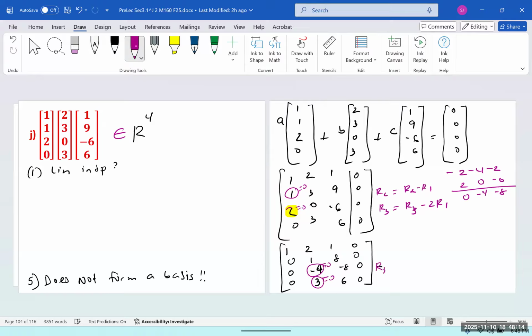So R3 is R3 minus 4R2, not minus, should be plus. And R4 is R4 minus 3R2.